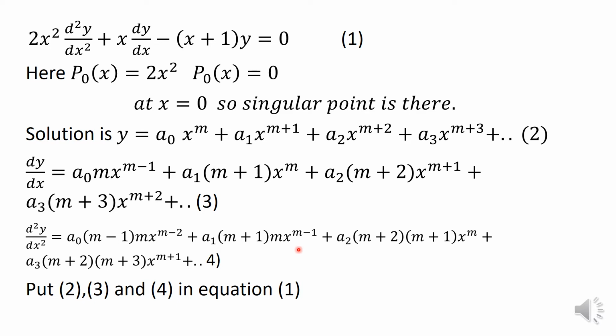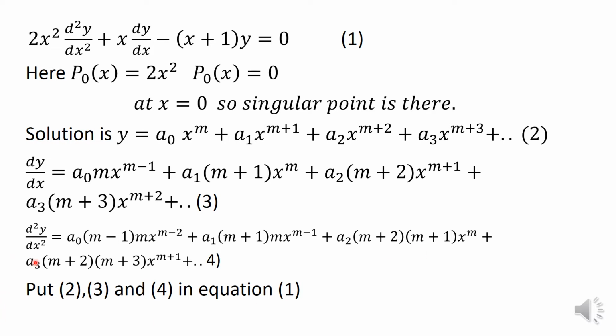Then the a2 term will be like this, a2 (m plus 2)(m plus 1) x to the power m, as such.